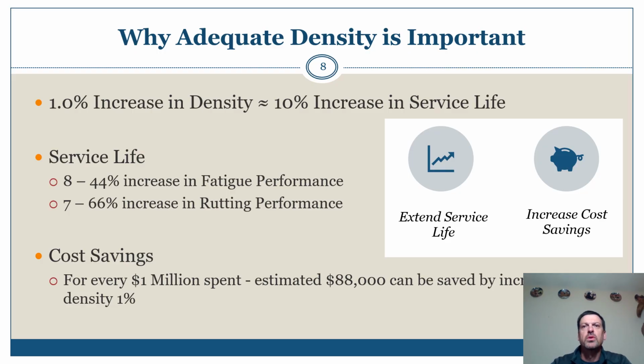The reason this is important is that there's a lot of literature that has shown that as we increase in-place density, we extend pavement service life. When we extend pavement service life, then we reduce costs associated with construction and maintenance of our network.